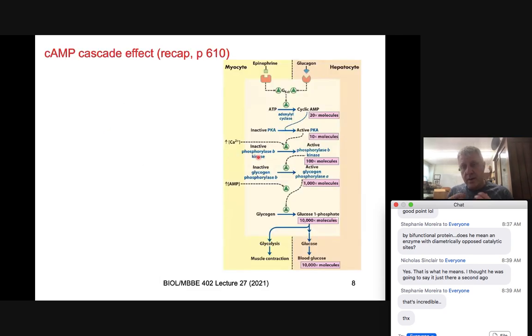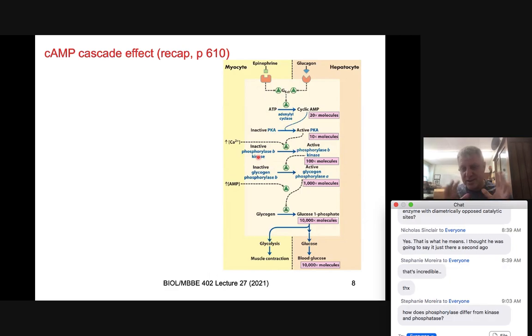So we have these two systems, and we'll have a look in a second. This is just a recap with the hepatic liver cells and myocytes, the cardiovascular cells, where they're going to have the same kind of effect in regards to epinephrine and glucagon in the liver.